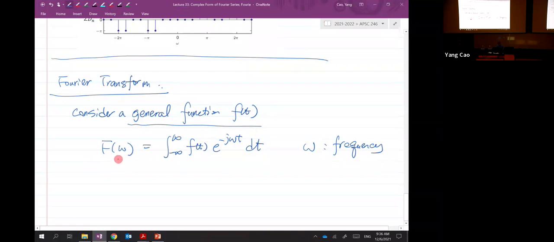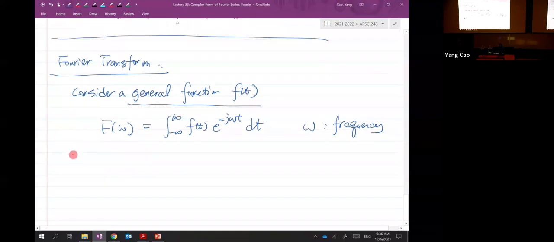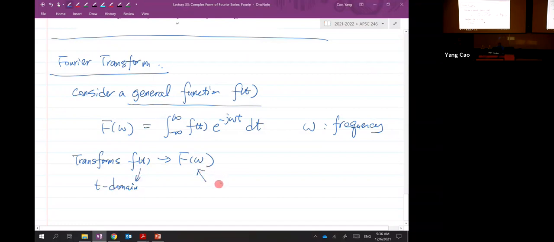You plug in different frequency values, and you get different capital F values. So essentially, this formula transforms f of t to capital F of omega. It's just like a t domain: f of t is in the t domain, and this is in the frequency, omega domain.